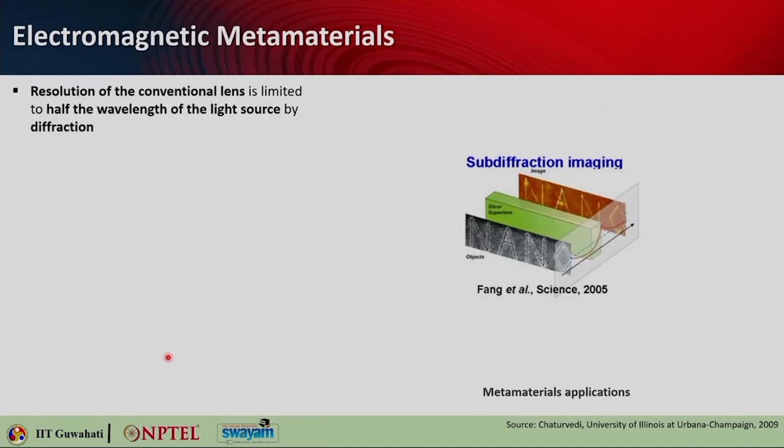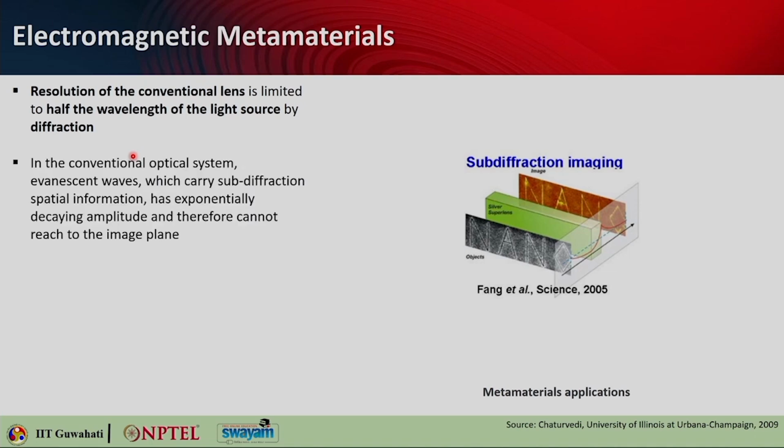Next important application could be in the field of sub-diffraction imaging. As you can see, in a conventional lens, the resolution is mostly limited by the diffraction limit of light, as we understood. It happens because in a conventional optical system, the evanescent waves, which carry sub-diffraction spatial information, have a decaying amplitude, so they decay.